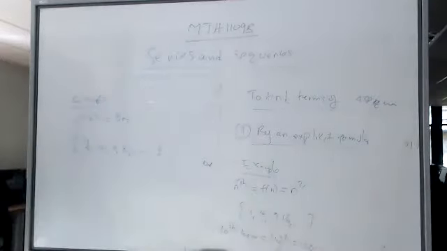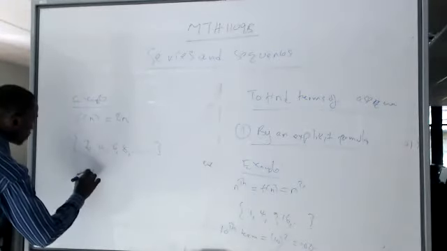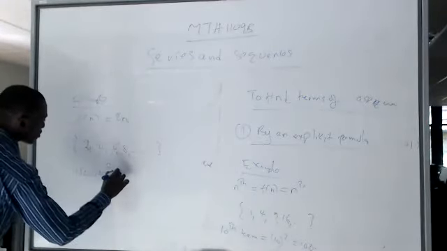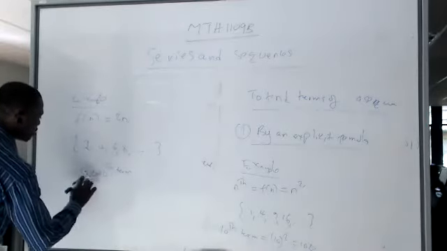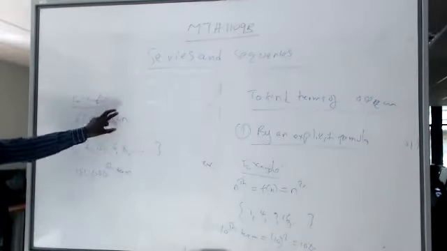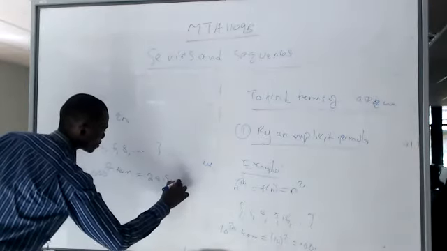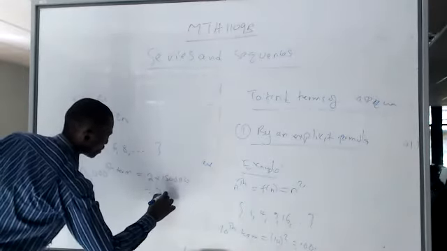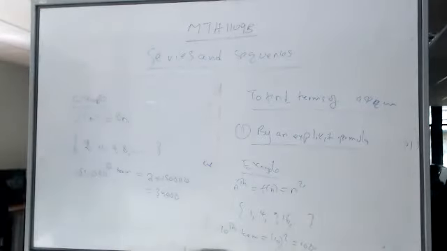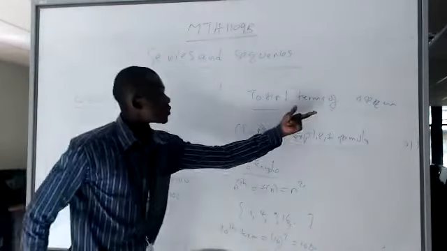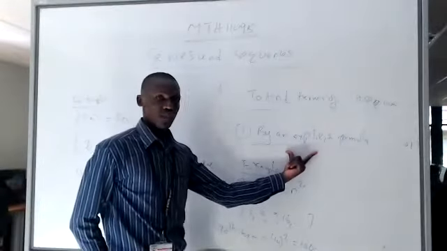Here, if I want the 15,000th term, I just plug it in the formula. So that will be 2 times 15,000, which is 30,000. So it's very easy to find the terms of a sequence when you're given an explicit formula.